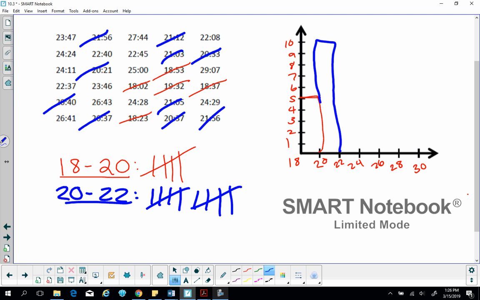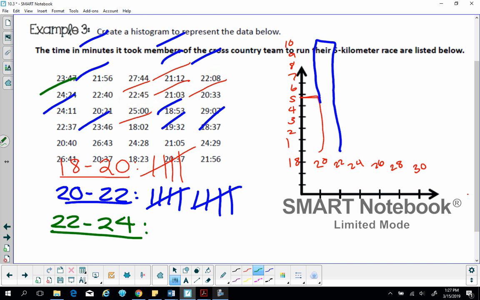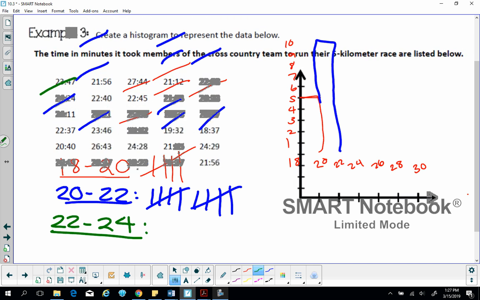Cool. Next one is 22 to 24. So from 22 to 24, how many in the first one? 2.